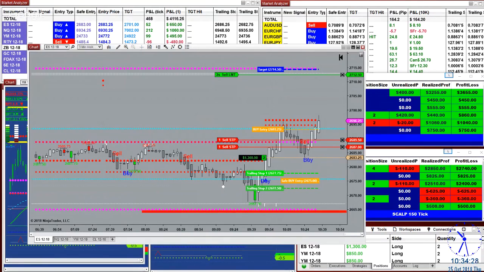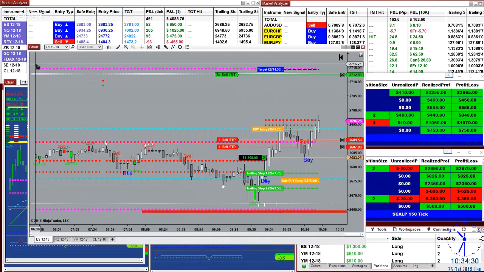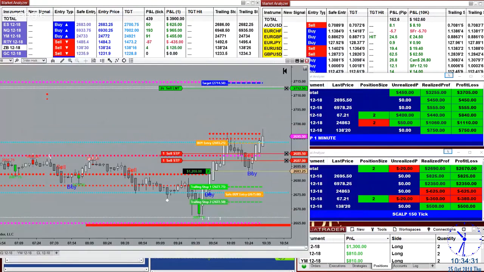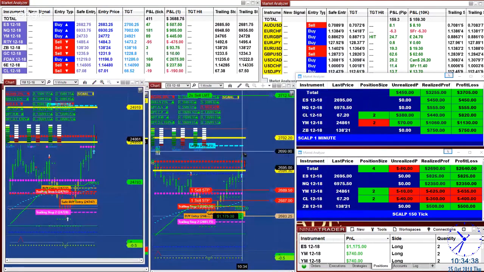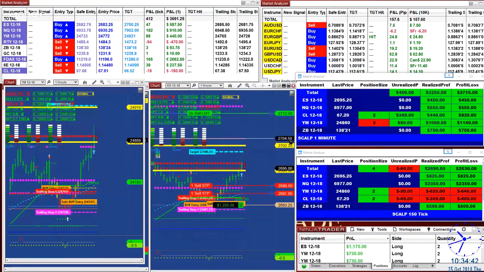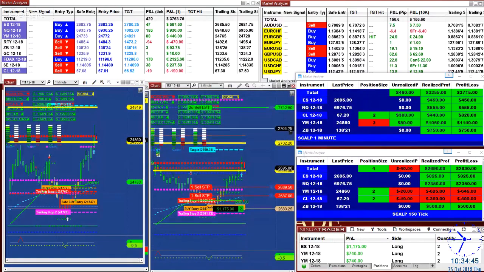Let me examine that we have a lot of traders taking those signals. A little pullback, there is nothing to worry about.